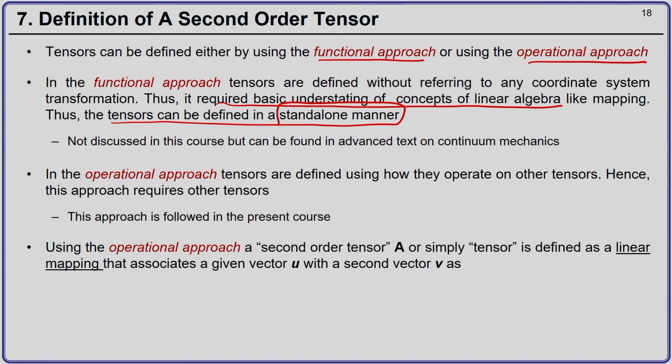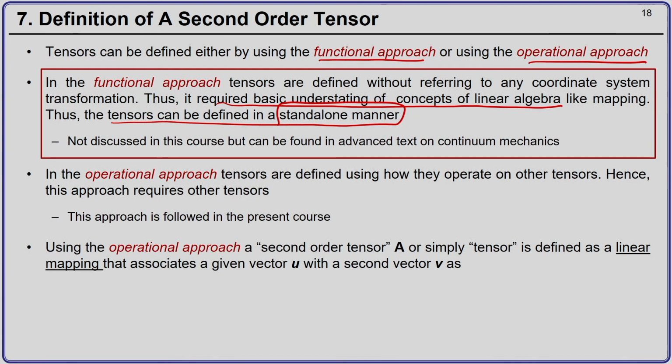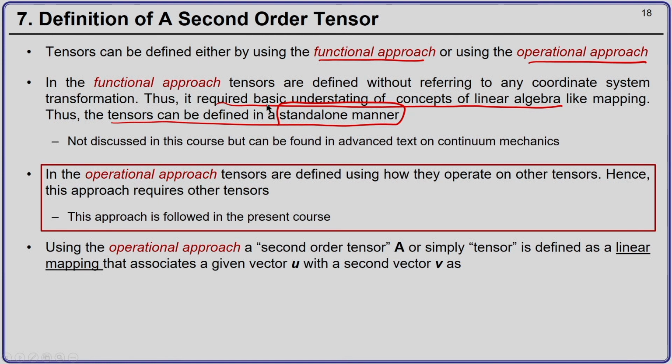But this approach is not discussed in this course because it is a little more involved, and because of time constraint we go for the second approach, which is called the operational approach. In the operational approach, as the name suggests, we define tensors by how they operate on other tensors.